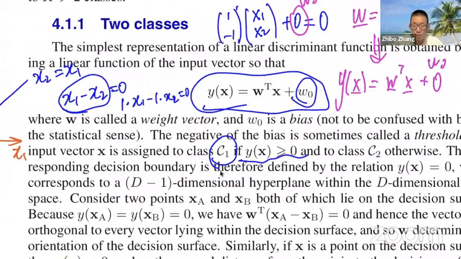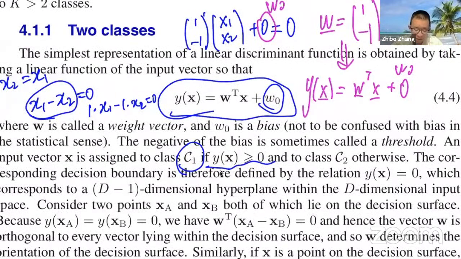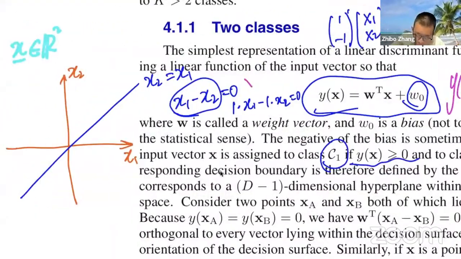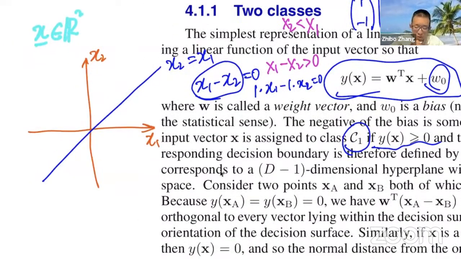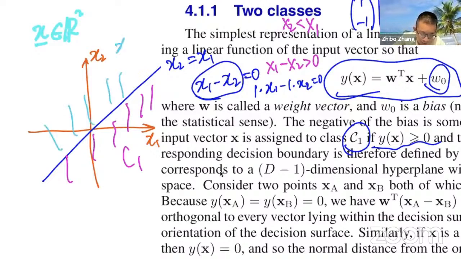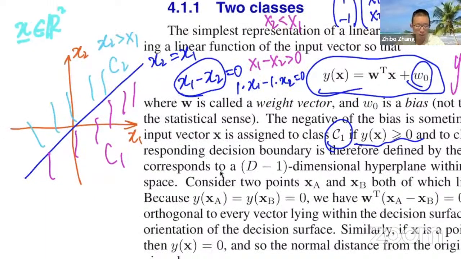If it is greater than 0, which means X1 minus X2 greater than 0, then X2 is smaller than X1. So it's going to be this part, which is assigned to class C1, and in the other part, where X2 is greater than X1, it is assigned to class C2.